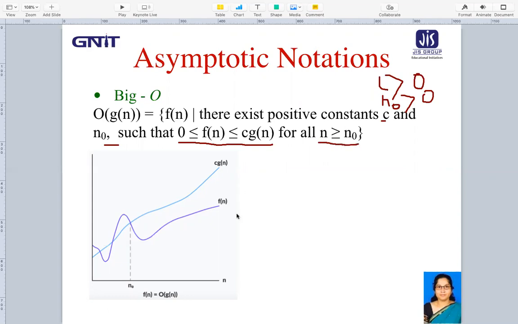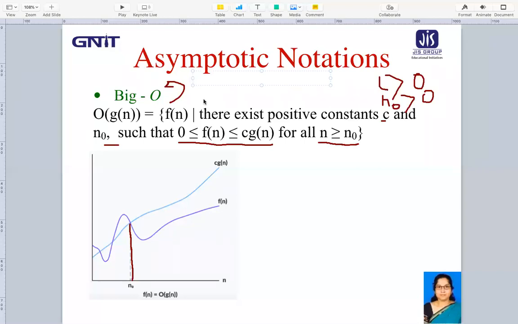Let us see this with the help of this example. This is f(n) and this is c·g(n). We see that there is a particular value called n0, beyond which f(n) is less than or equal to c·g(n). In this case, big O gives us the asymptotic tight bound.